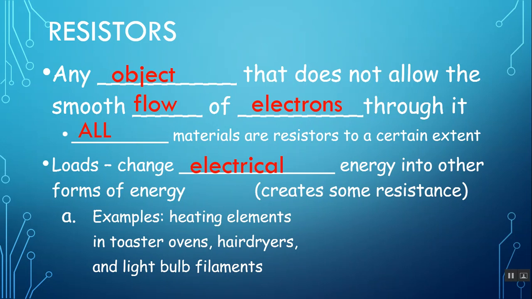It's a resistor, but it's turning the electricity into a different type of energy. Who can tell me what type of energy it was turning the electricity into? Light, which is what type of energy? Radiant, right? So it was turning electricity into radiant energy. So a load is just a resistor that actually turns electricity into something else. Okay.